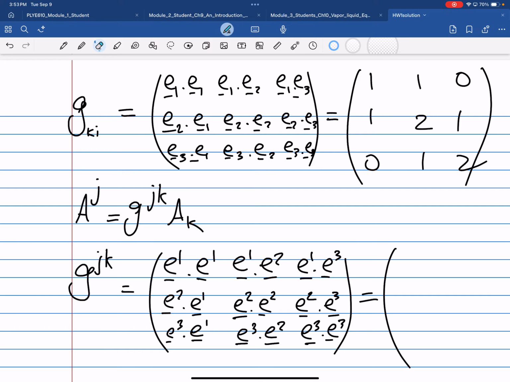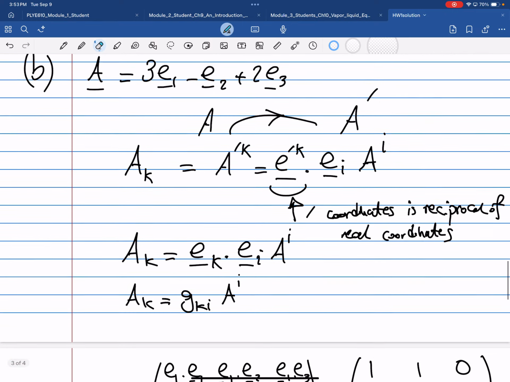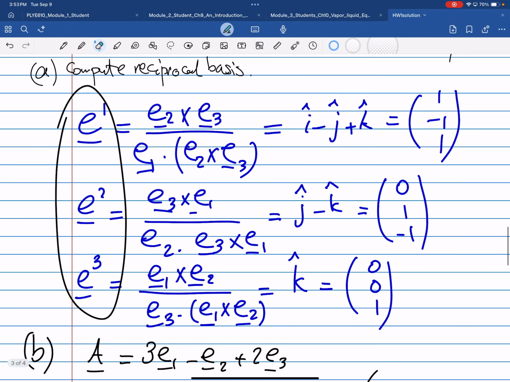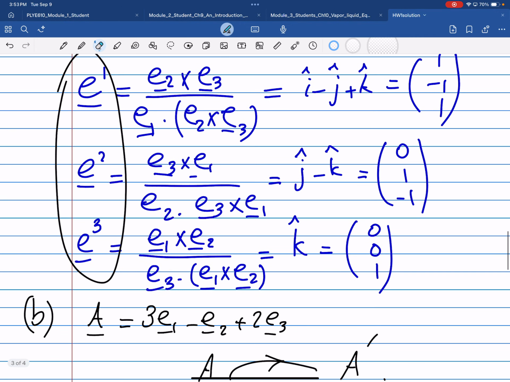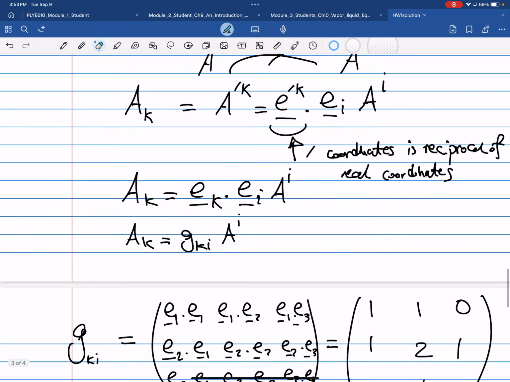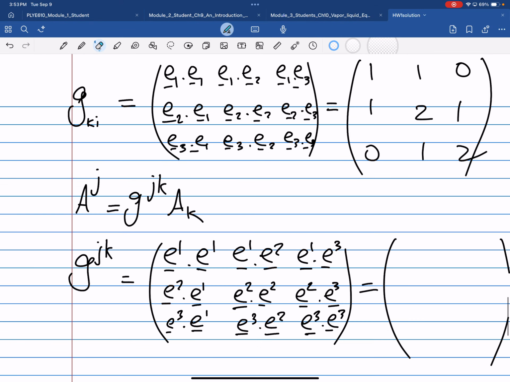So in this problem, this is going to be 3, minus 2, 1, minus 2, 2, minus 1.